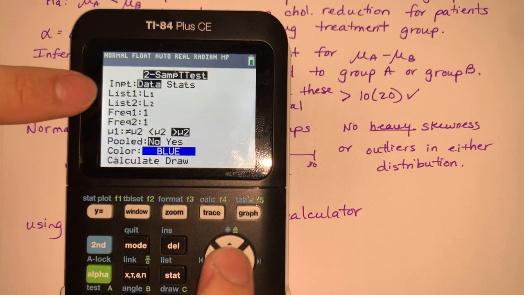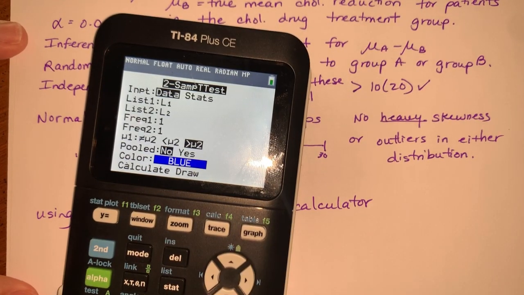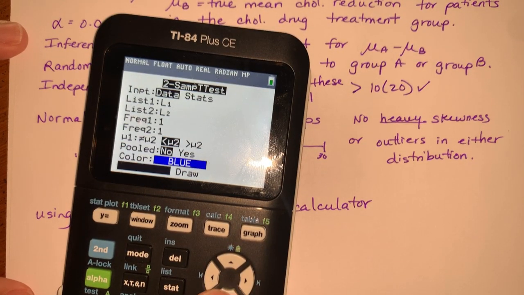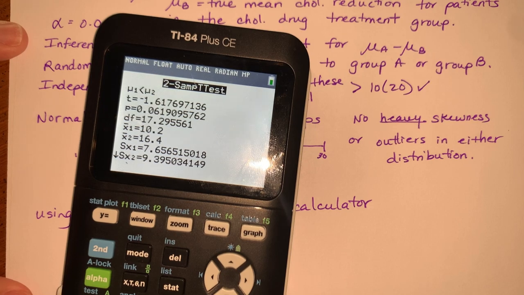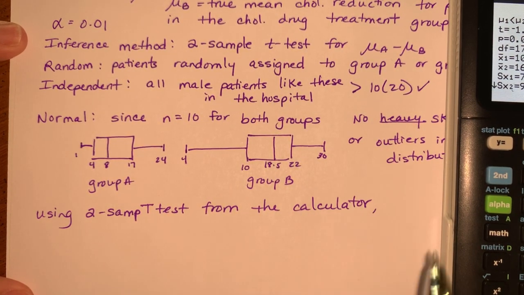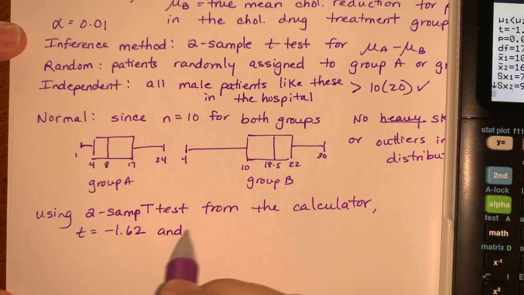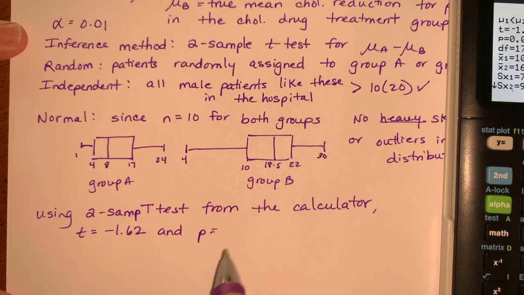Oh, we said that list 1 was less than list 2, so let's make sure we specify that. Pooled, no, calculate. There we go. So we got t equal to negative 1.62. I think 2 decimal places is fine. And p is equal to, I'll do 3 decimal places for that, 0.062.